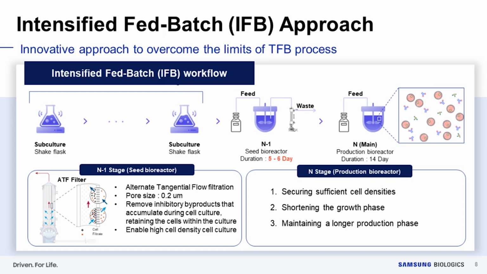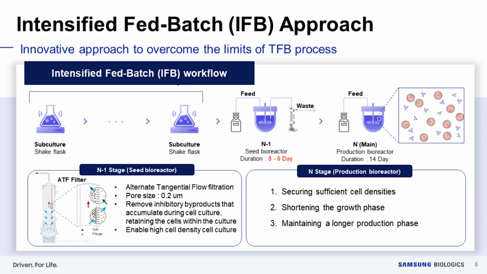To overcome these challenges, the industry is increasingly turning to more innovative approaches, such as perfusion and intensified fed batch processes. These methods offer better control over the cell culture environment, allowing for continuous or semi-continuous feeding of nutrients and removal of waste.